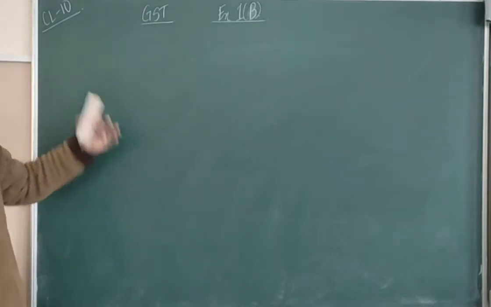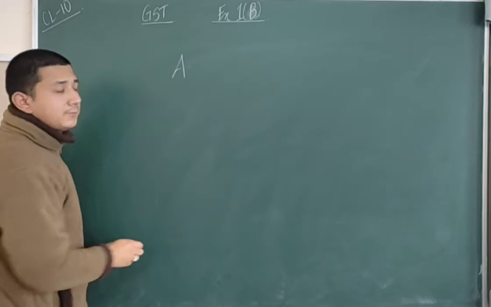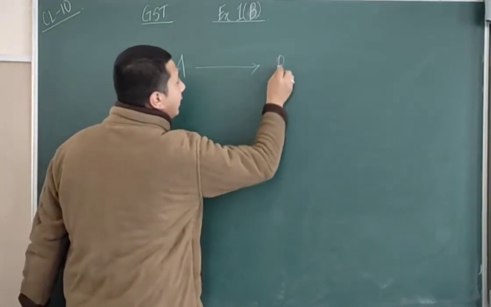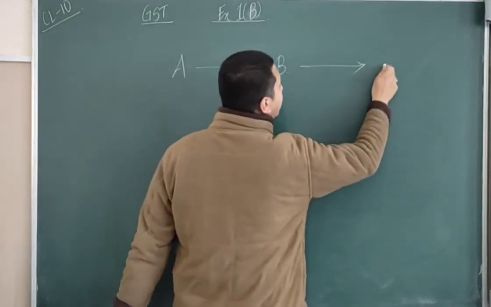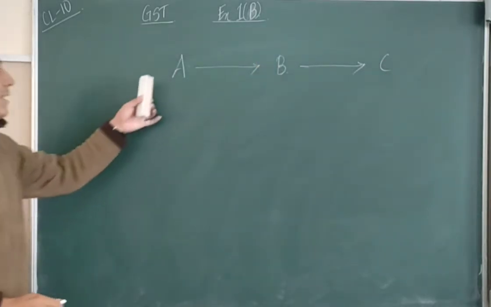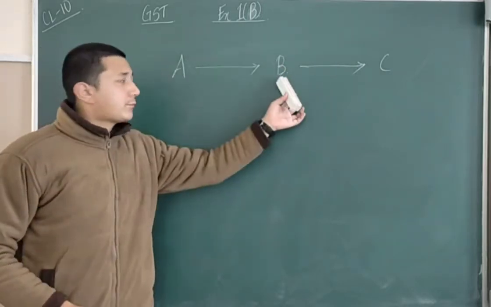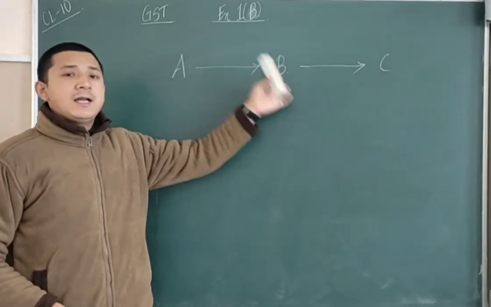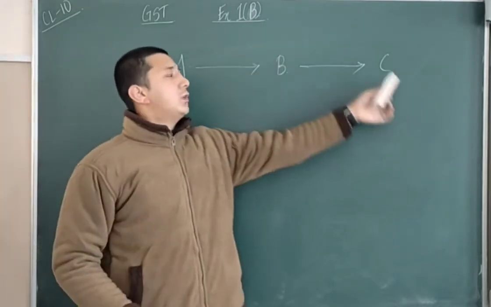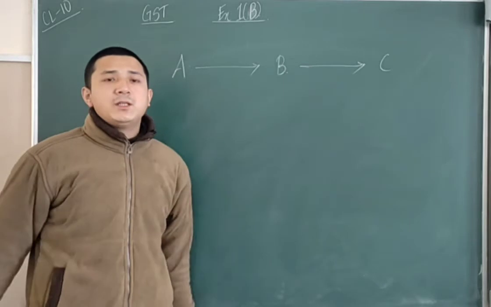Suppose we have a manufacturer, we have a wholesaler, and then we have the customers. Suppose ABC I've kept in this way. Manufacturers manufacture some items which are sold to the dealer, a wholesaler, and the dealer will sell to the customer. So here this type of combinations will be given to us.